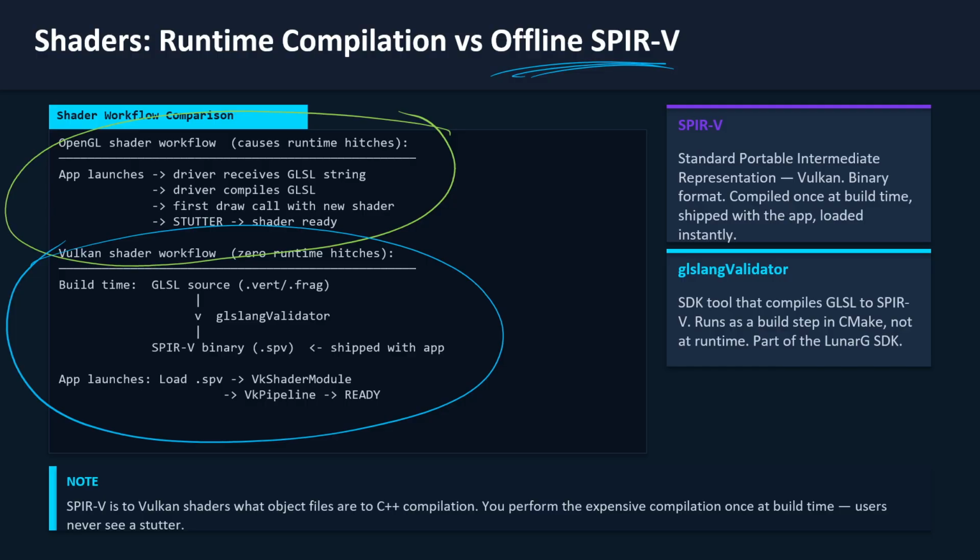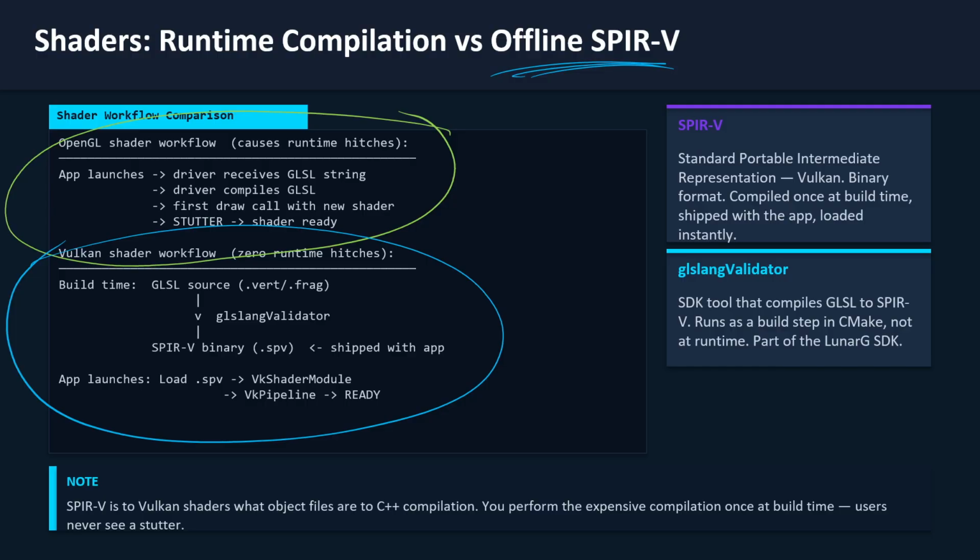In fact, in Vulkan you can write your shaders in another shading language as well, so it's not necessary to use GLSL. If you are very good in HLSL, you can write your shaders in HLSL and compile them using the glslang validator.